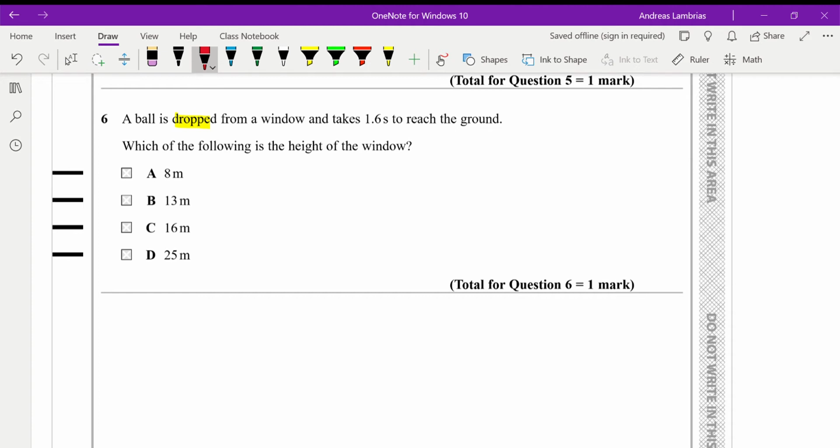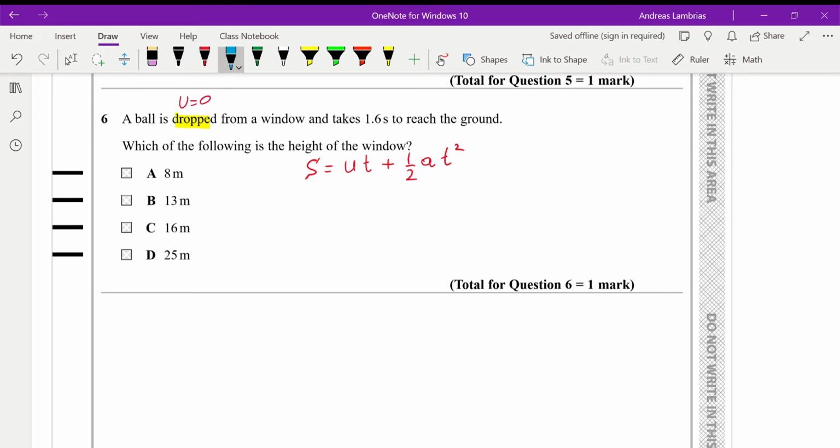So one of the SUVAT equations is displacement equals starting velocity times time plus half acceleration t squared. As the ball was dropped, the starting velocity is 0.